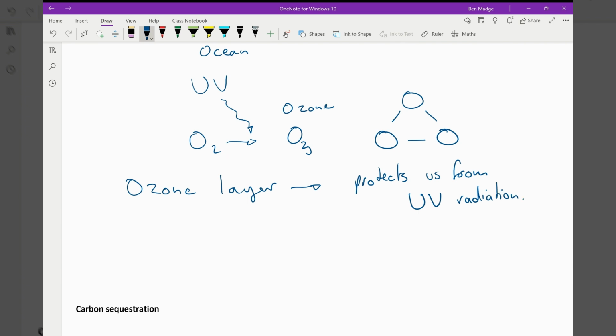And this means that complex life, more complex life, can colonize the land. So it can move from oceans to land and colonize it. Which is a really important development.